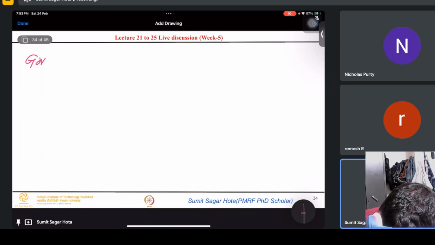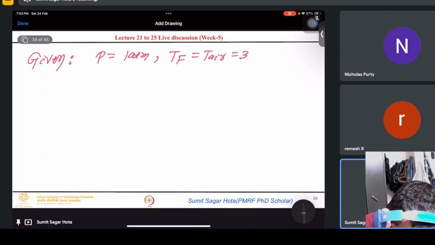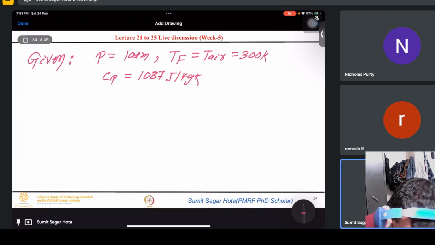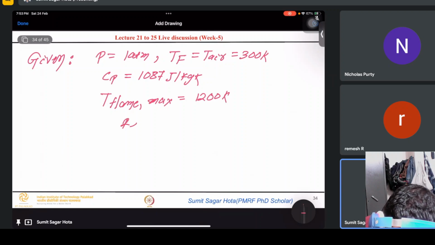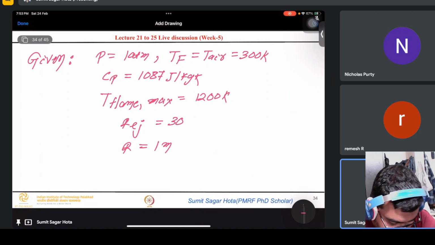So given: pressure is 1 atmosphere, T fuel is equal to T air equal to 300 Kelvin, Cp is equal to 1087 joule per kg Kelvin, maximum temperature 1200 Kelvin, the jet Reynolds number, jet radius 1 mm.